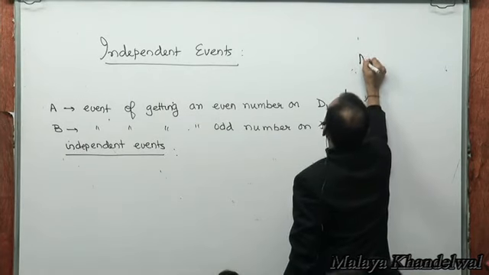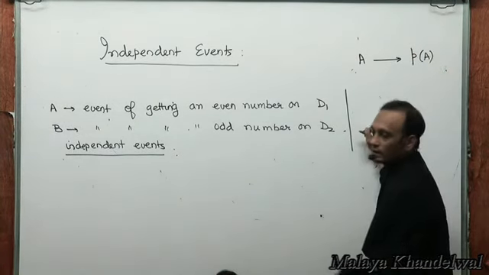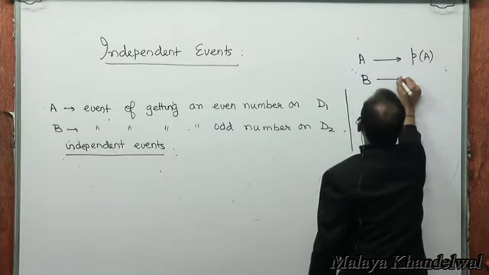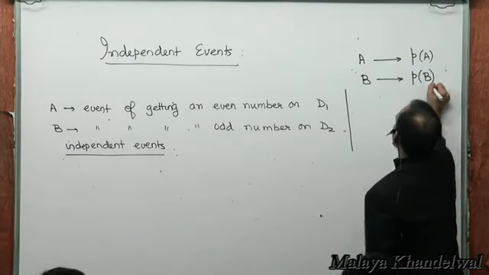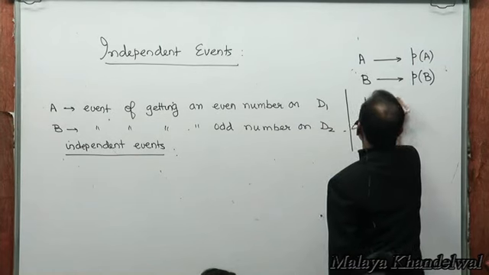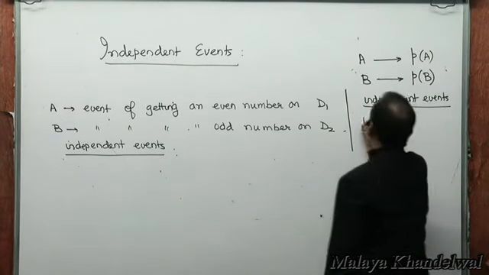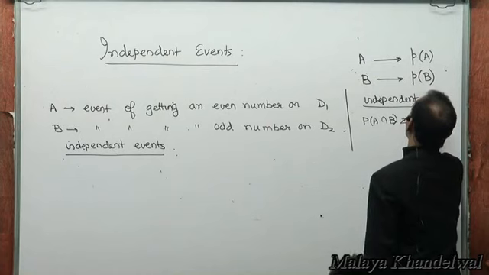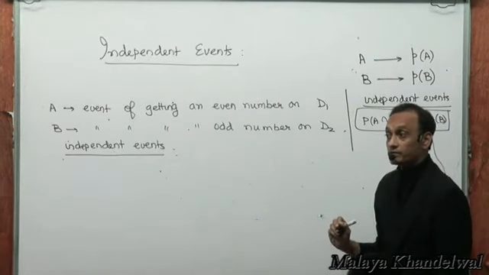If the occurrence of event A has a probability P(A), and if there is another event B whose probability of occurrence is P(B), and if they are independent events, then the probability of A and B occurring would be probability of A into probability of B. You can visually feel that all by yourself.